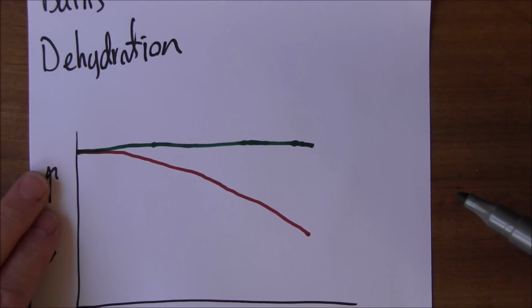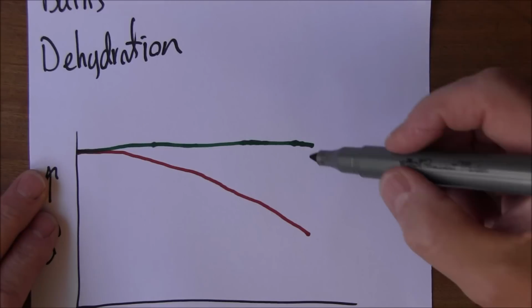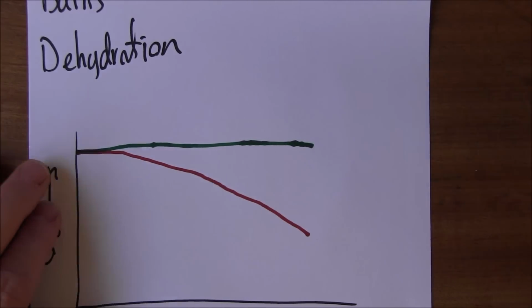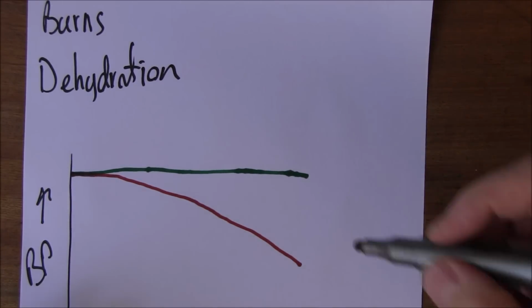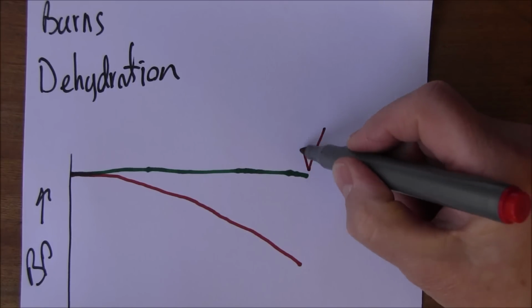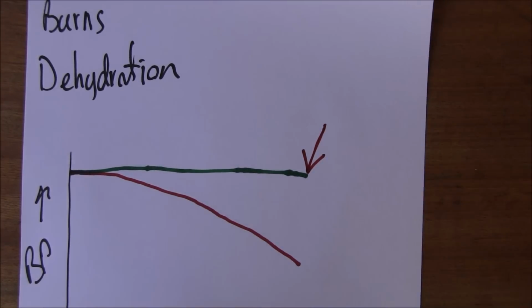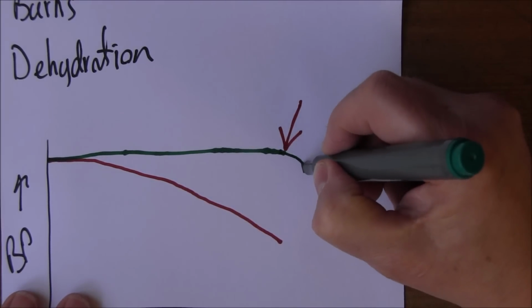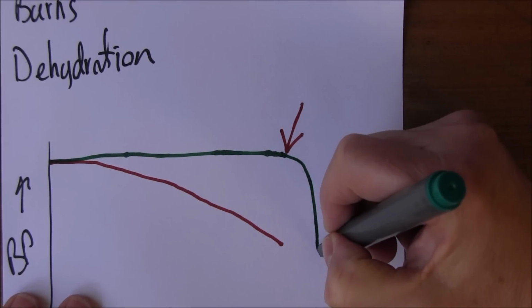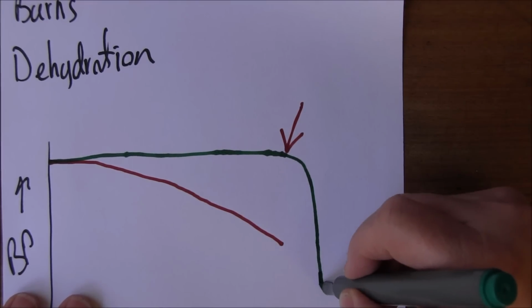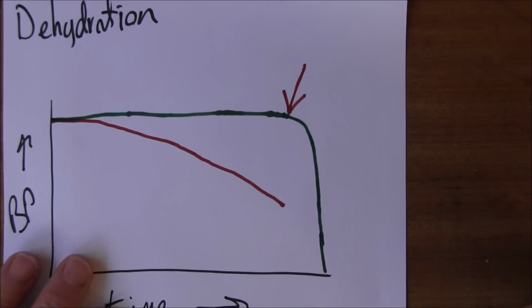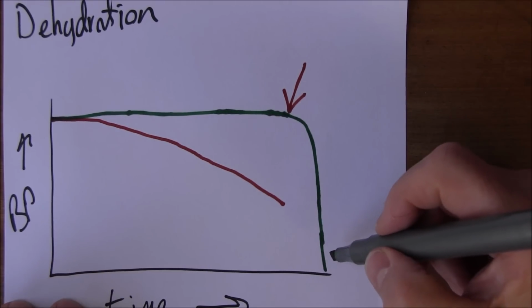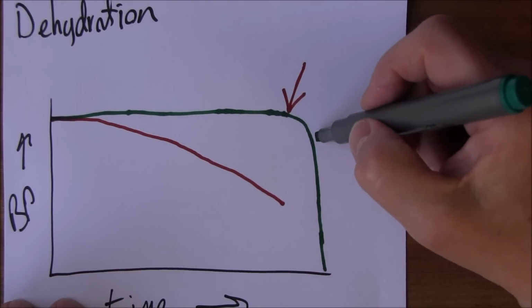But what happens is, all of a sudden, they reach a decompensation point just here. They reach a decompensation point. And they are no longer able to compensate. And they decompensate very rapidly. And we're going down into areas here which are not associated with survival. They have very rapid decompensation.